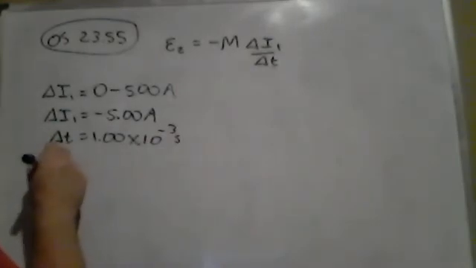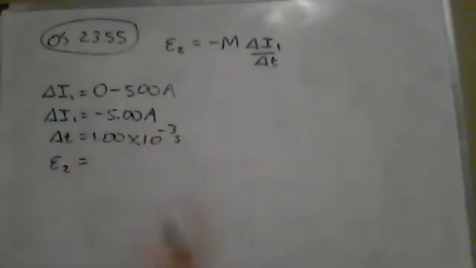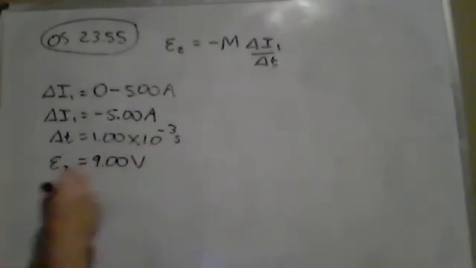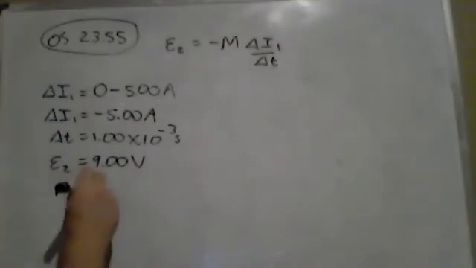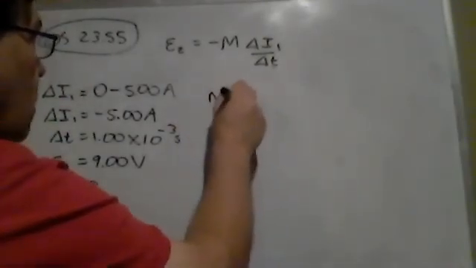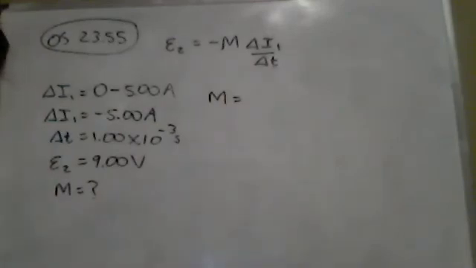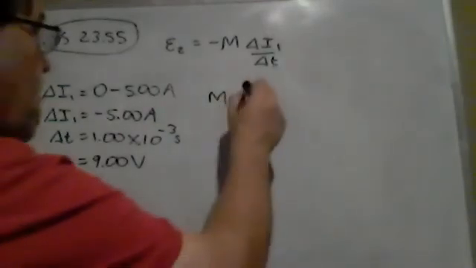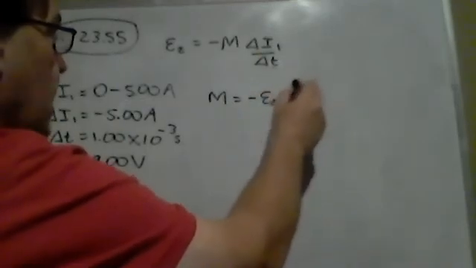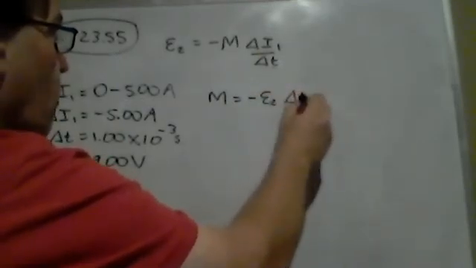We're told that the other loop, which we call loop 2, has an induced EMF of 9.00 volts. What we don't know is the mutual inductance. So we can quickly solve for it. M is equal to negative epsilon 2 times delta T over delta I1.